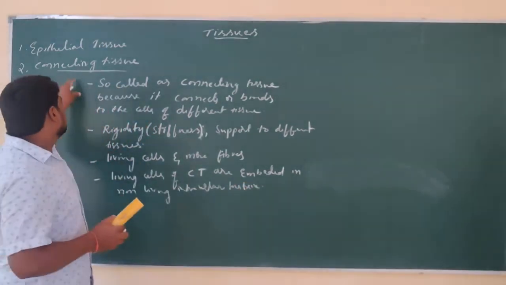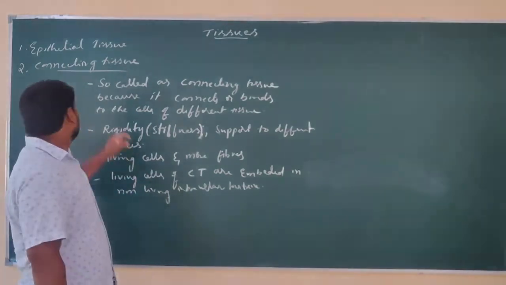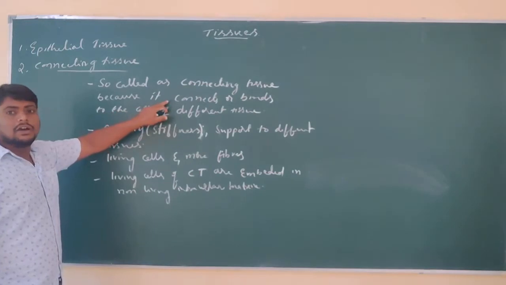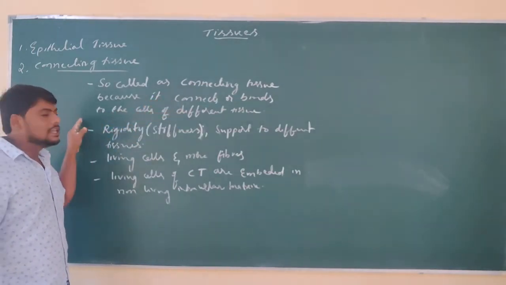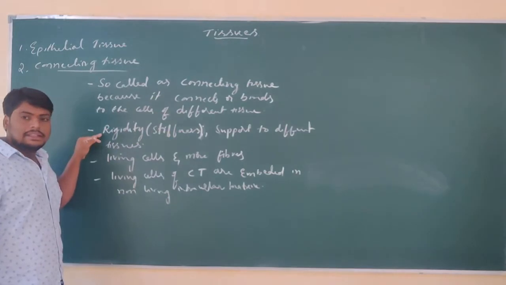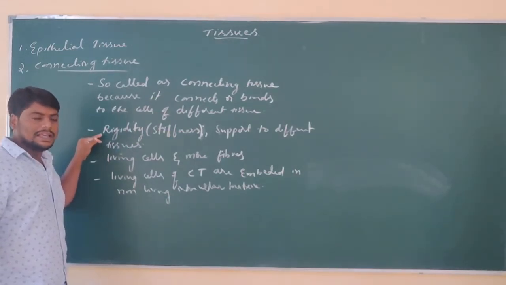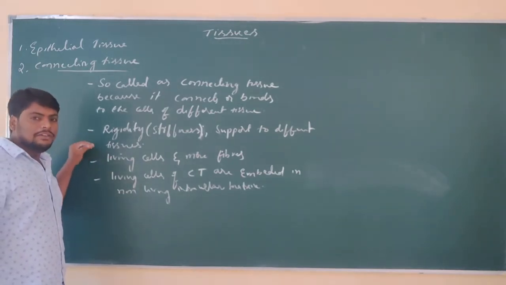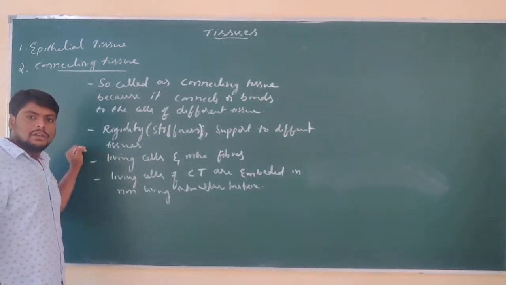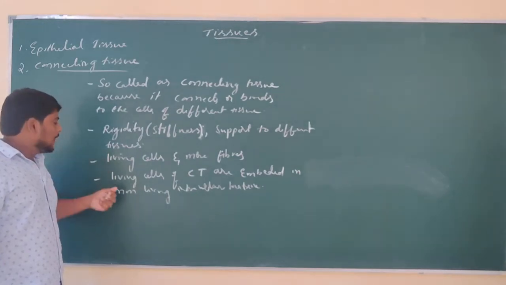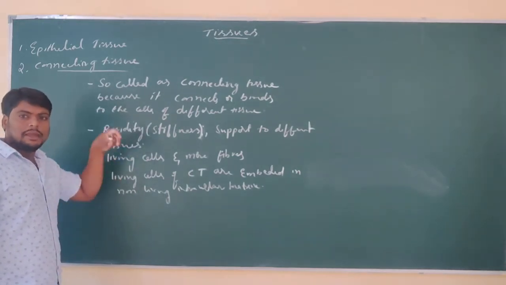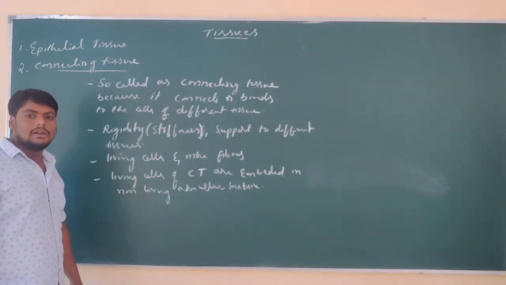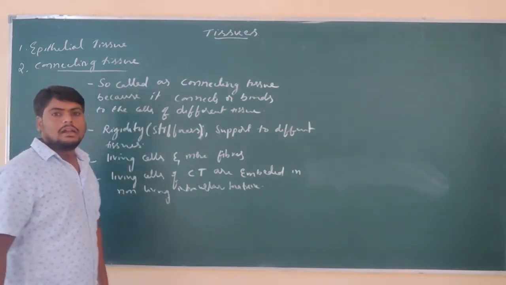This is called connecting tissue because it connects, joins or binds cells of the different tissues, and it gives rigidity or stiffness to the cells and support to different tissues. It is made up of living cells as well as a large number of fibers. And the living cells of connecting tissue are embedded or arranged in the non-living matrix.